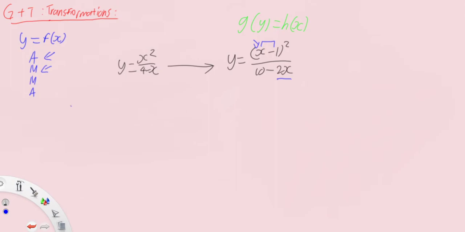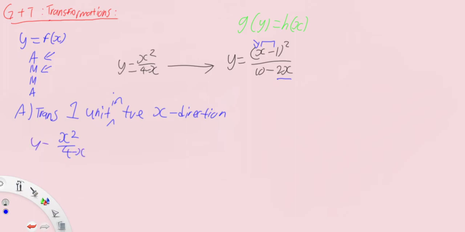So we do the translation, which is basically, for the first step, translate 1 unit in the positive x direction, right? Because it's minus 1, so it's in the positive x direction. You need more x to get the same numerator. Now, your x squared over 4 minus x will then become (x minus 1) whole thing squared over 4.